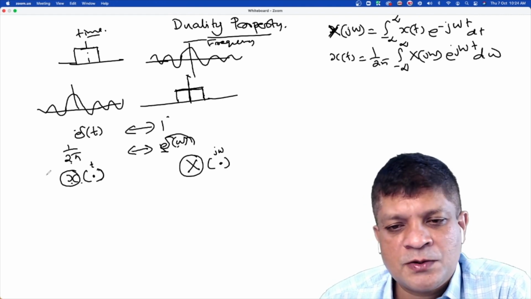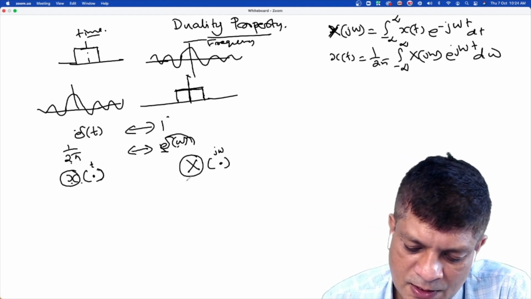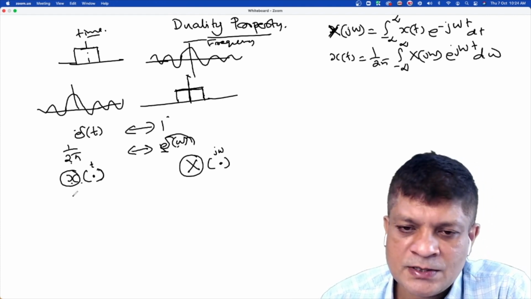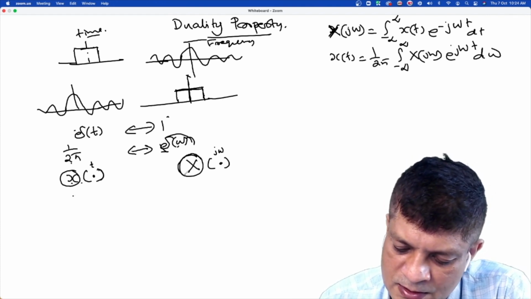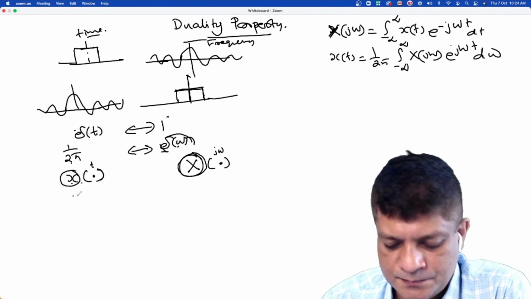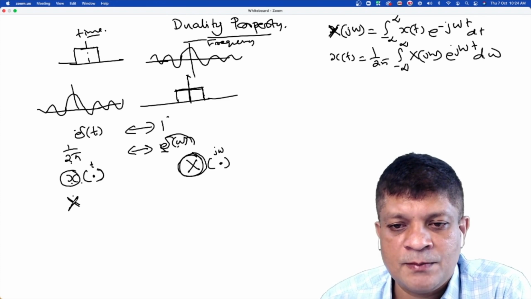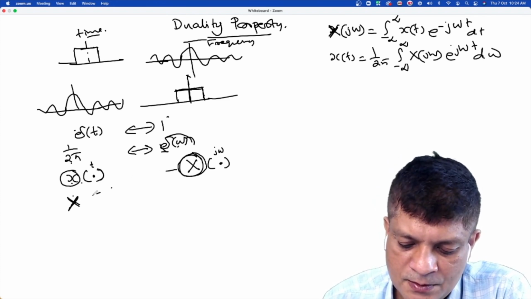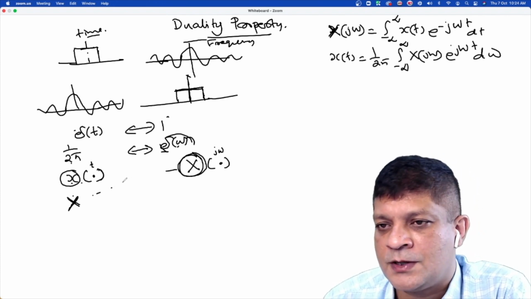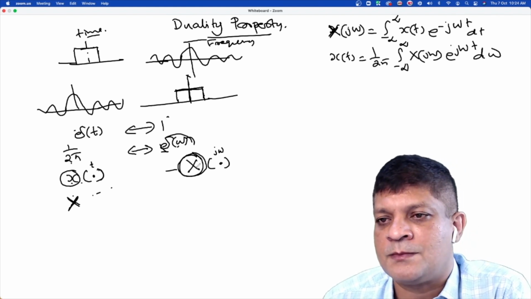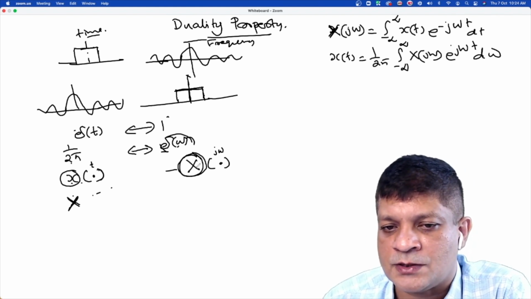So the duality property states that if we have a signal in the time domain having this shape, we can have a time domain signal having this shape. Think only about the shape. Don't think that this capital X is something associated with frequency.